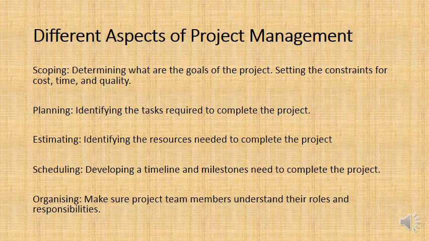You normally have very big project team numbers with civil engineering projects, because civil engineering projects are big. If you're the project manager, you need to make sure that all team members understand their roles and their responsibilities so that they are effective team members. And you're also organizing them to achieve the scope with acceptable cost, time, and quality.